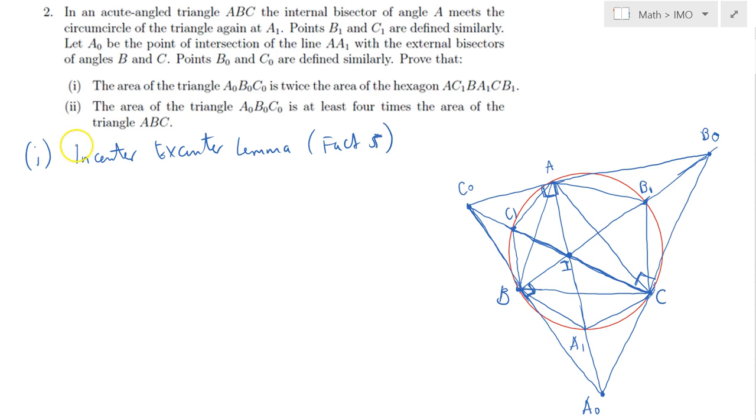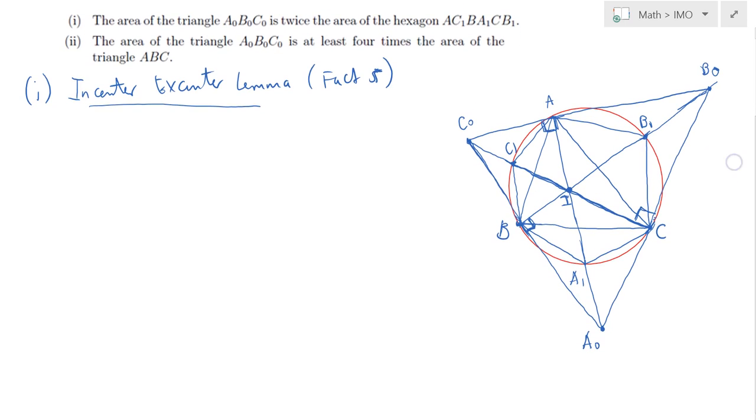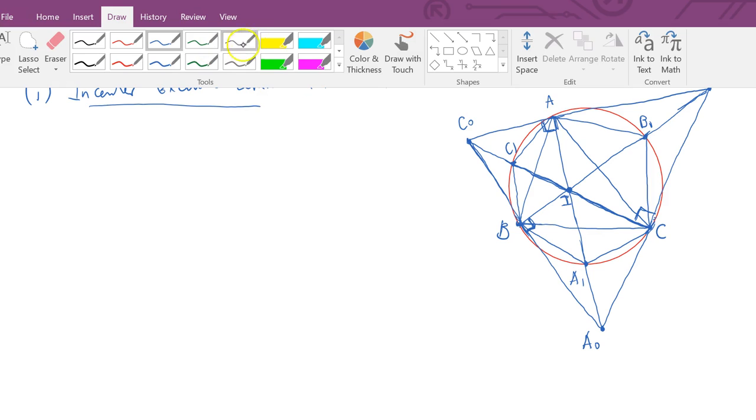So I have a playlist about this celebrated lemma, which is very popular in competitions, in Olympiad math. So I leave it to you guys, but just be aware that because of this 90-degree angle, IBA0 is 90 degrees, it turns out that A sub 1 is the center of a circle which goes through the points I, B, A0, and C. So let me probably use some color here.